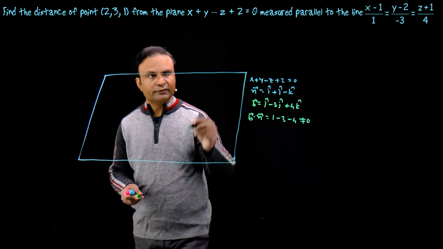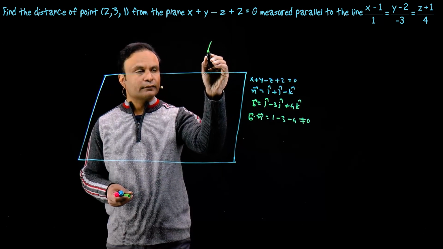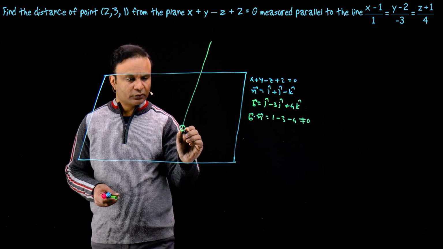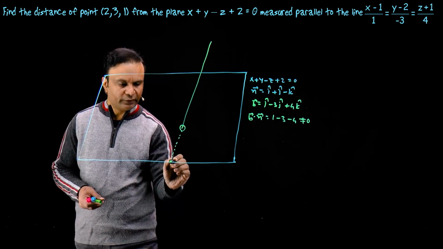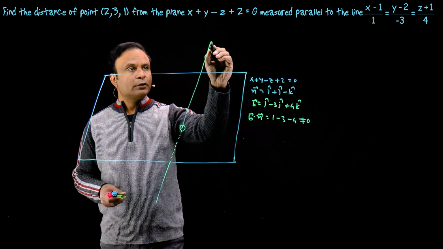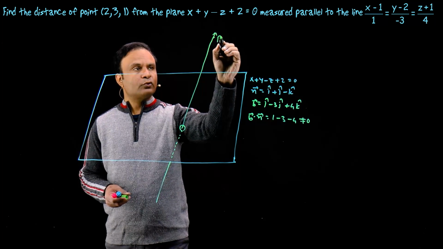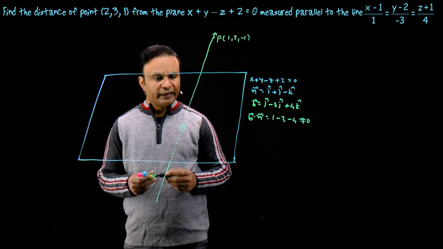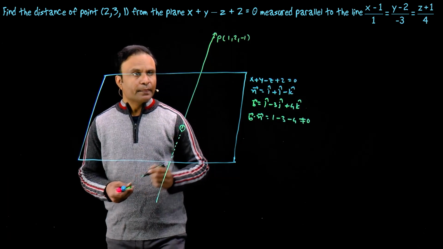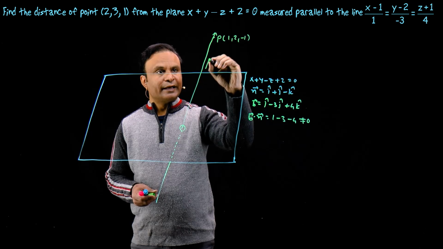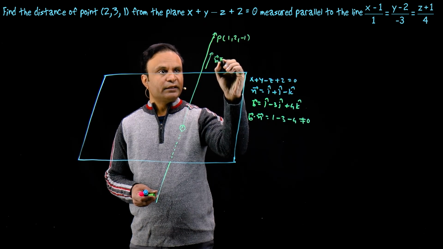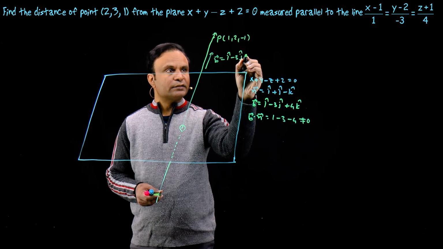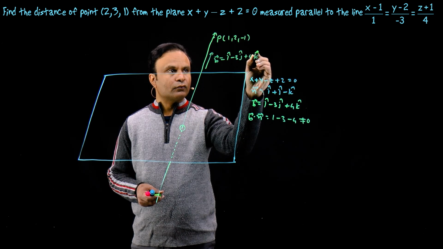So let's draw the line like this. This is the point of intersection of line and plane. This line is passing through point P having coordinates (1, 2, -1). The vector along the line is vector b, which is i minus 3j plus 4k.